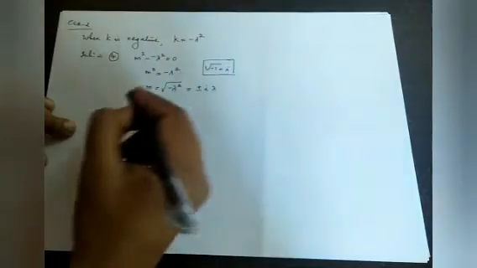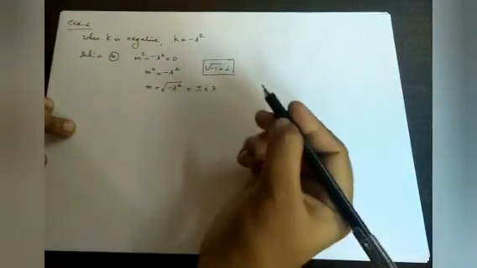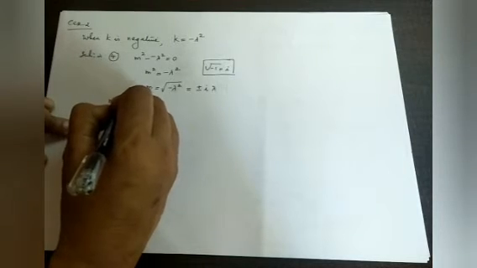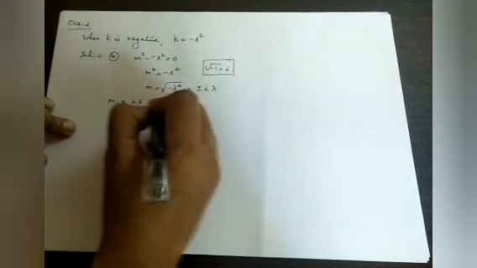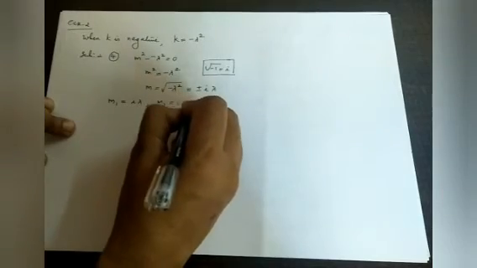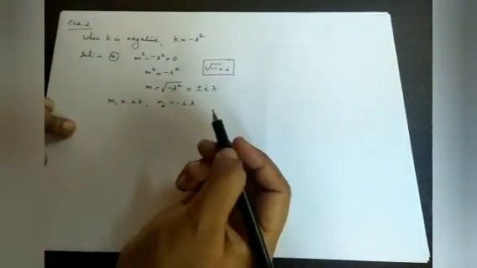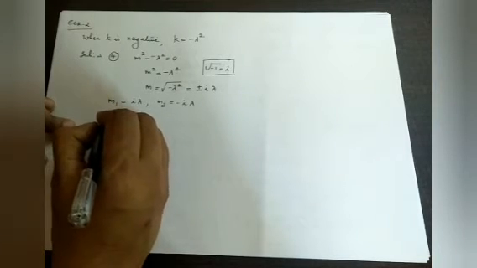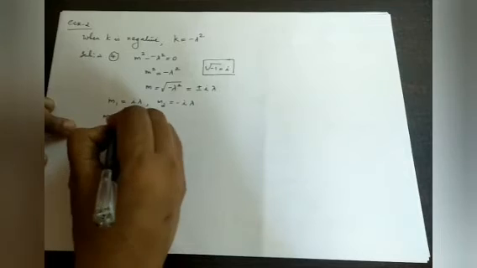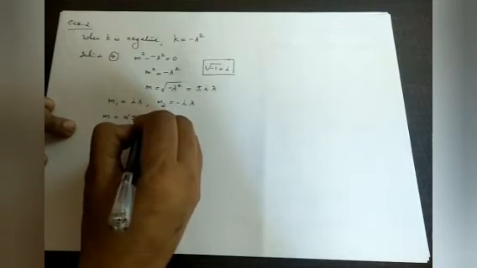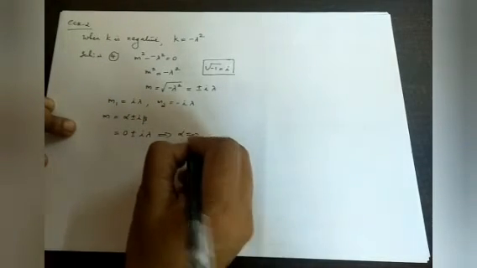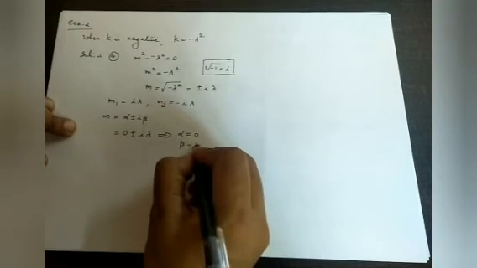Now this is also a linear differential equation where we have m1 is plus i lambda and m2 is minus i lambda. This represents imaginary roots, that is, of the form alpha plus or minus i beta. Here in the place of alpha we have 0, and in the place of beta we have lambda.